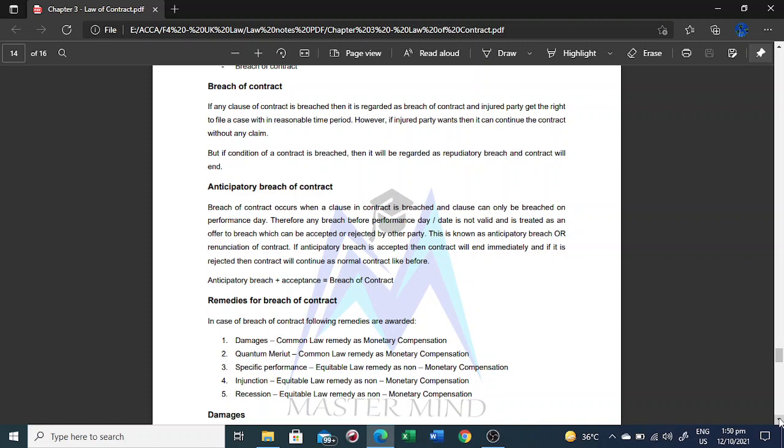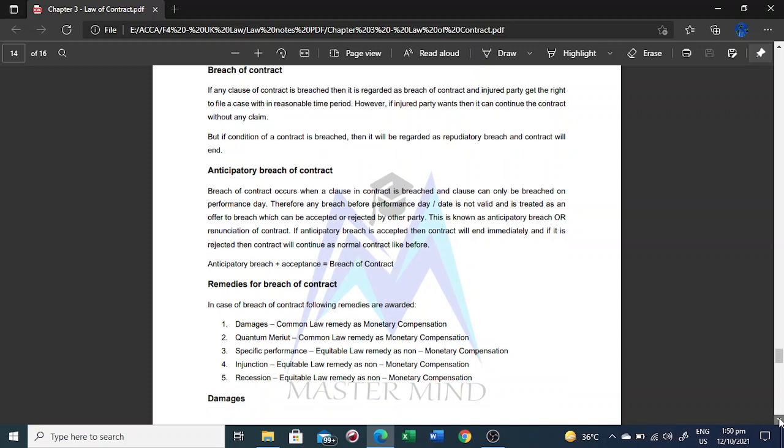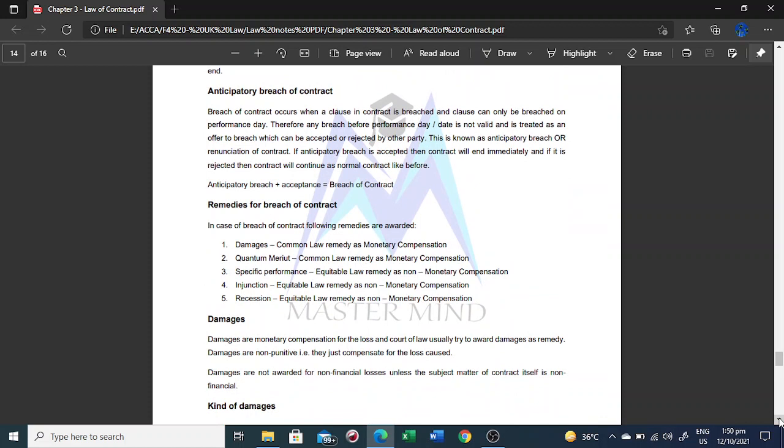However, if a condition, not the warranty, which means a term of the contract, is breached, then it is considered to end. Anticipatory breach of contract occurs when a clause in the contract is breached on the performance day, when the person had to perform.